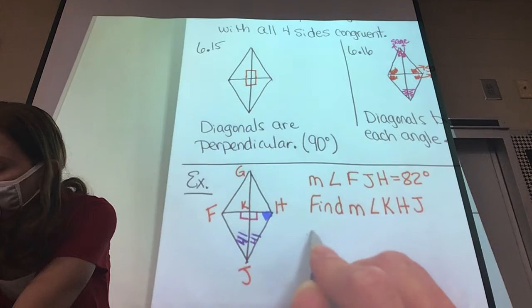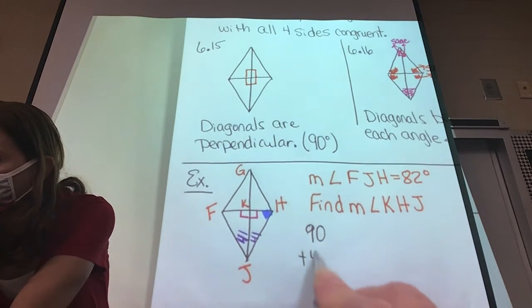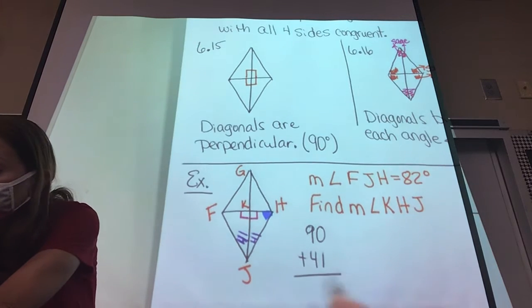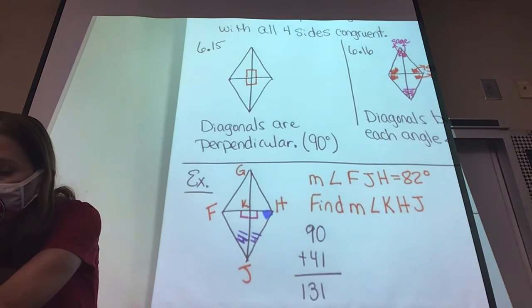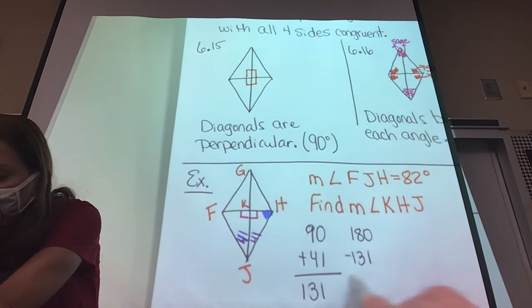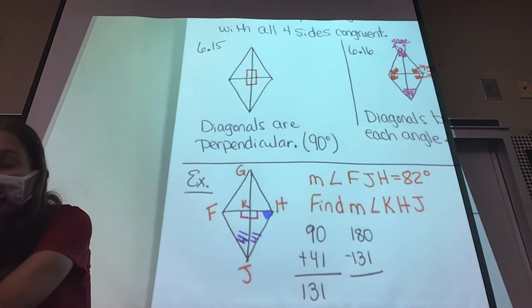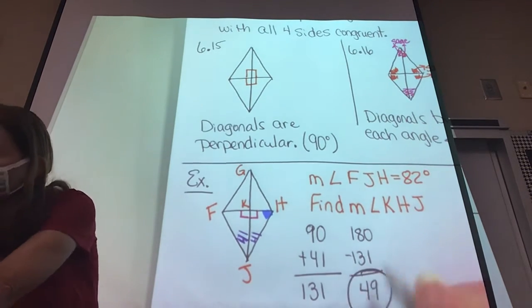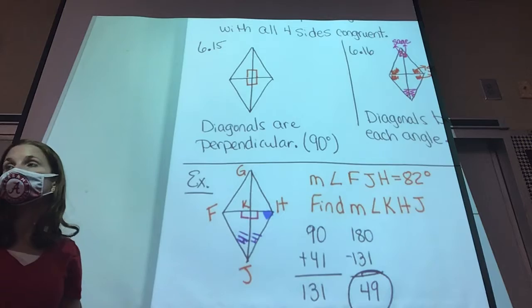So if I take the 90 plus the 41 and I add those two together, what's it going to give me? 131. So if I subtract that from the 180, what's it going to tell me my missing piece is? 49. So that's what I'm looking for.